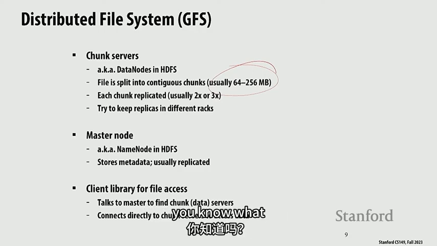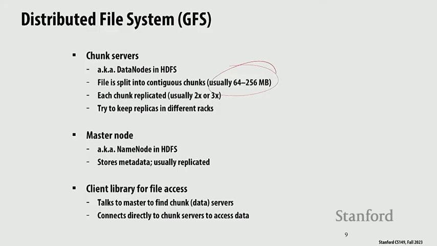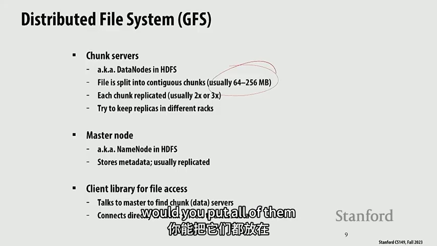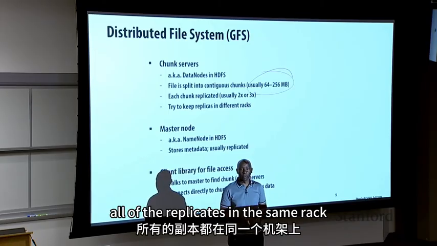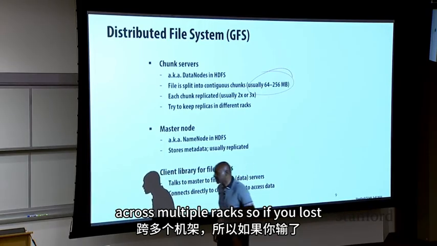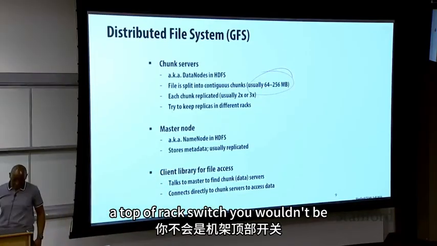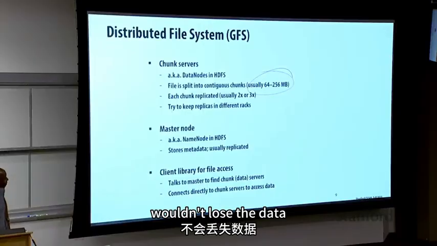And what kind of replication scheme would you want to come up with here? Would you put all of the replicas in the same rack? Probably not, right? So you want to distribute across multiple racks, so that if you lost a top of rack switch, you wouldn't lose the data.